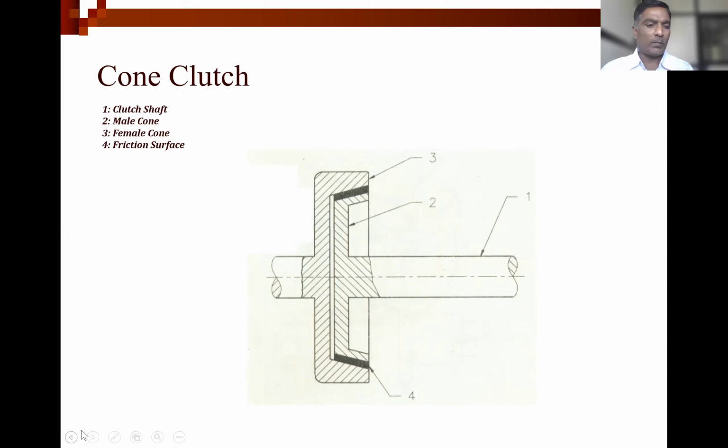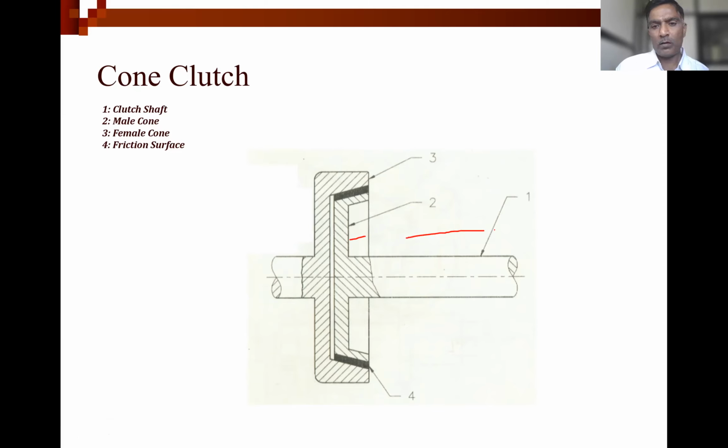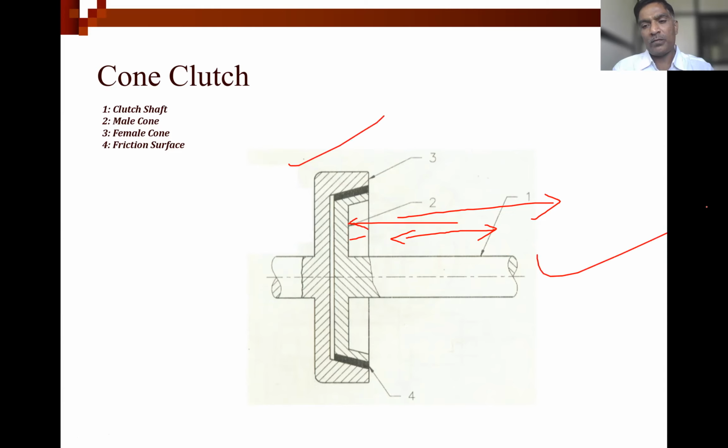So this shaft is having, like this, right? So it can be moved in this direction or in this direction to get the power transmission from this flywheel to this clutch and ultimately to the transmission system. Okay.